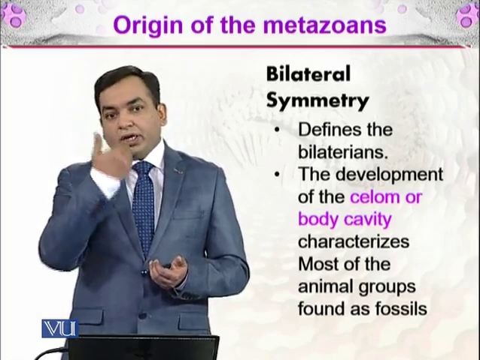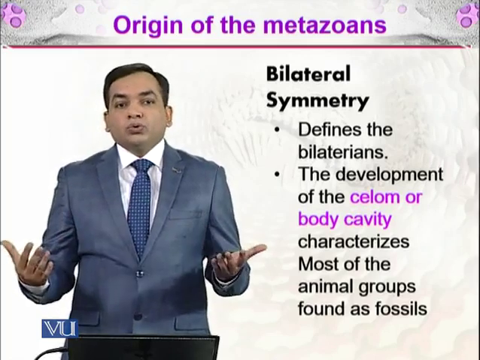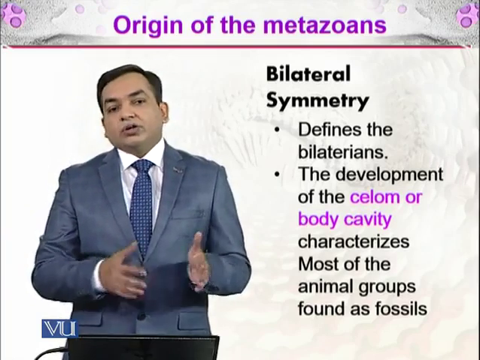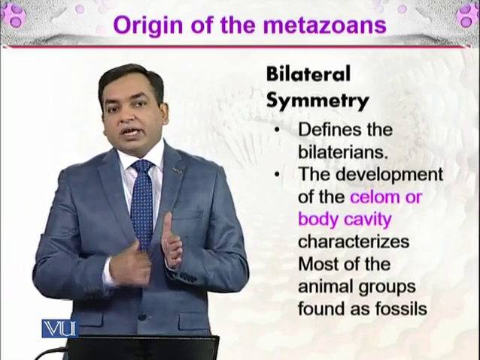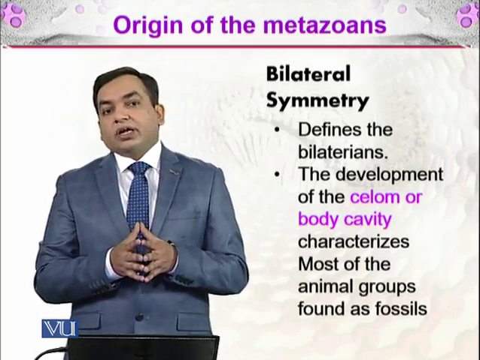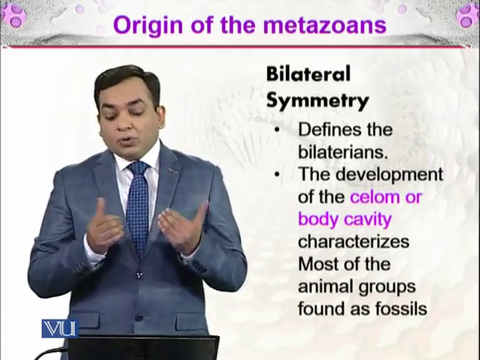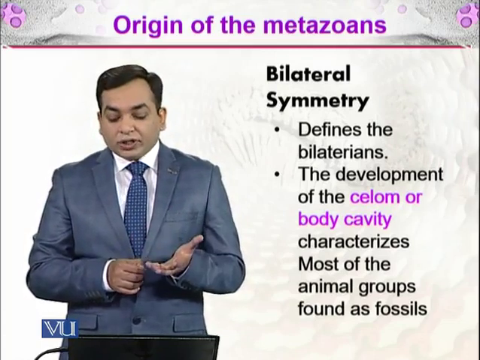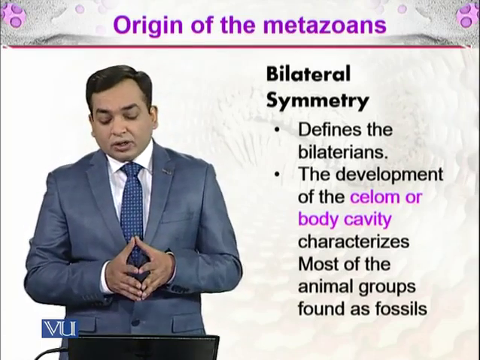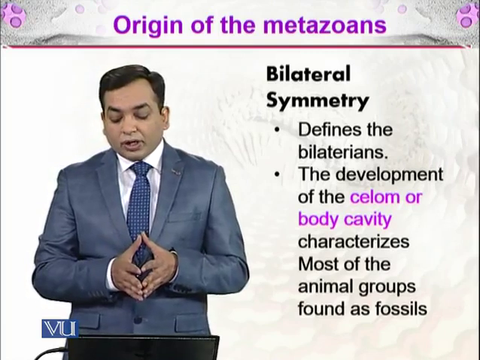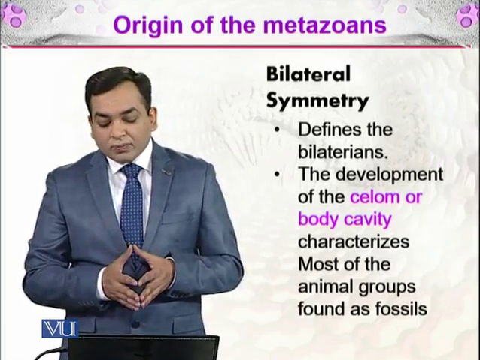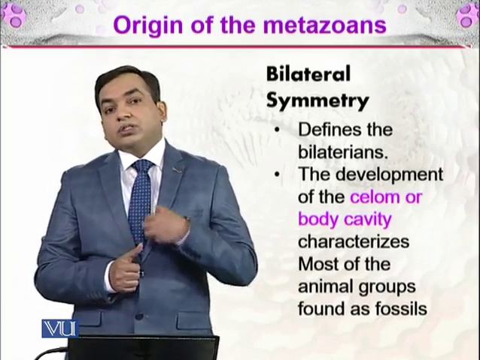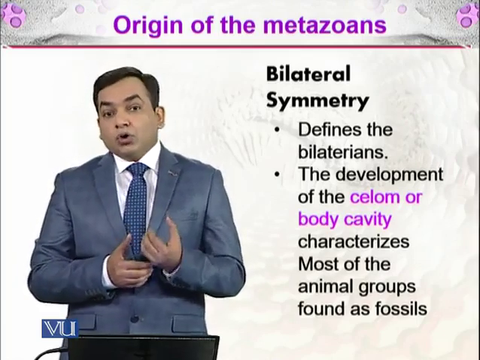If you cut a human in two parts, only one plane will be such that you can cut exactly in that plane, and then you say that it is bilateral symmetry. The organisms which have bilateral symmetry are called bilaterians, and the development of the coelom or body cavity characterizes most of the animal groups found as fossils. So there was the formation of the coelom or body cavity.